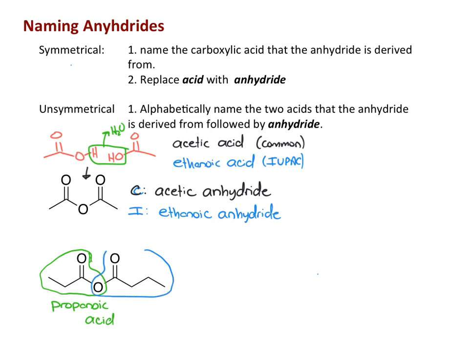The other side comes from a 4-carbon carboxylic acid, butanoic acid. So now we just alphabetize these two. So butanoic, propanoic, not acid, but anhydride.